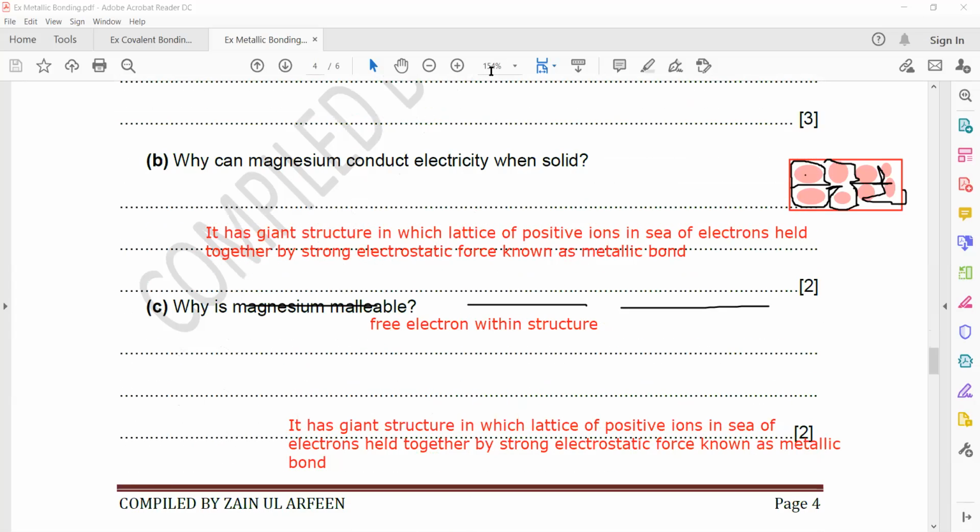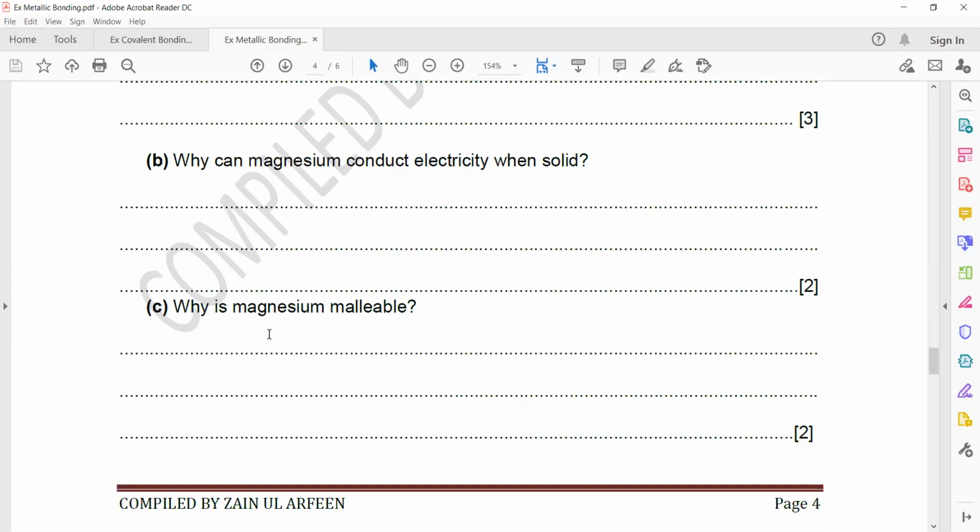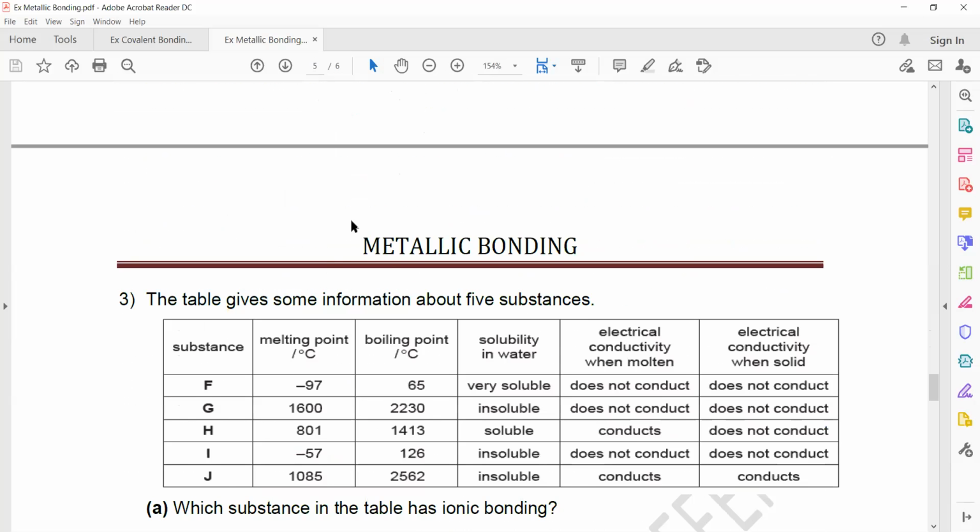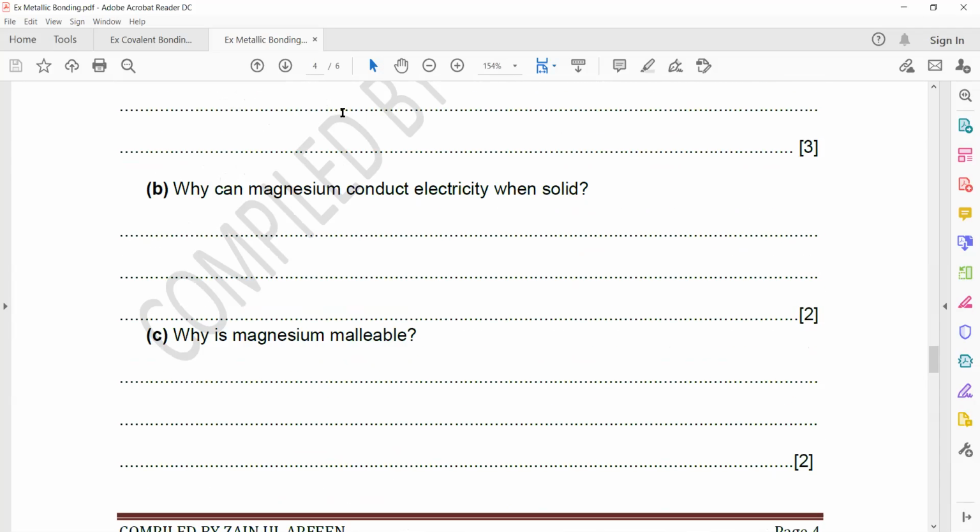So whenever it is malleable, what will you mention? You will mention that it has a giant lattice of positive ions, layers of positive ions which can slide over each other without breaking.